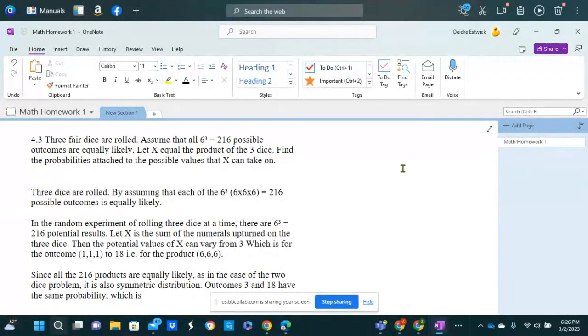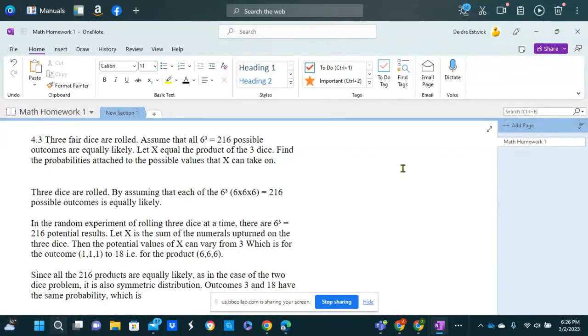Yes. Well, each die has 1 up to 6 outcomes considered. Then 6 cubed, 216. I'm not getting this question actually.